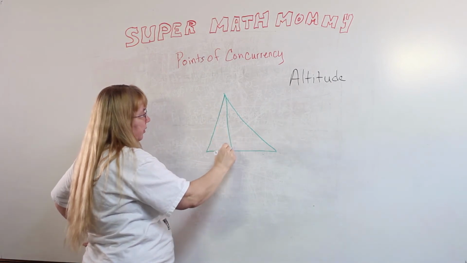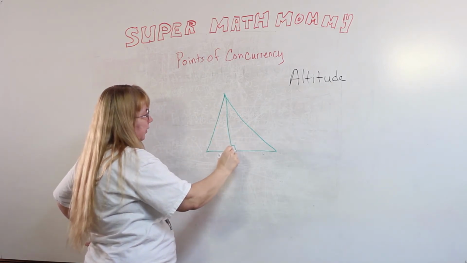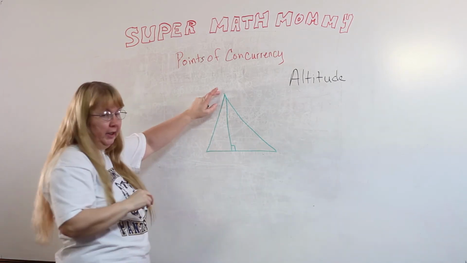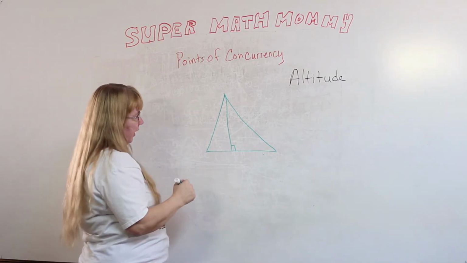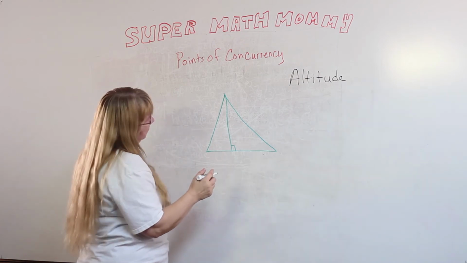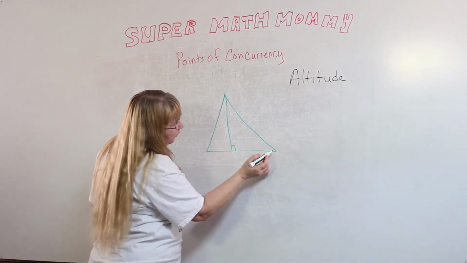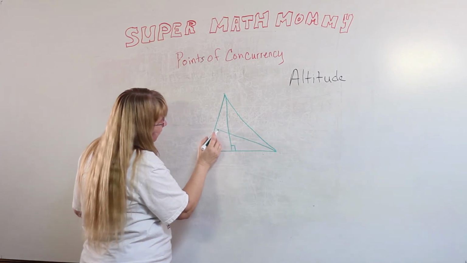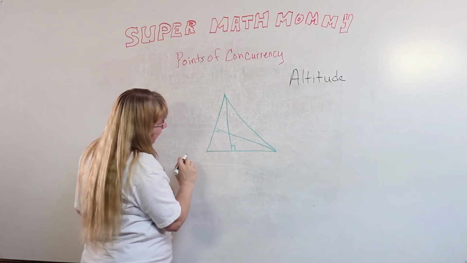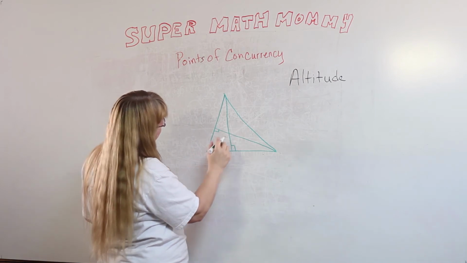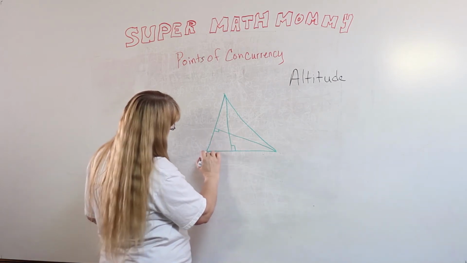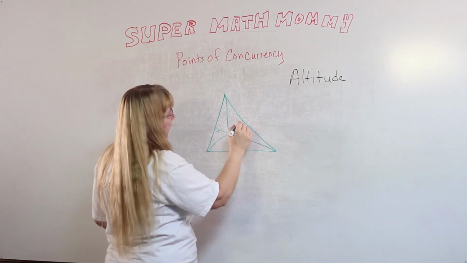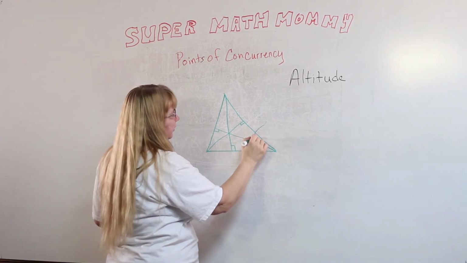Just means that we're going to drop a perpendicular from the vertex, because that's going to give us the height. Sometimes it gets a little tricky when we're going sideways, so you might want to use measuring tools to get it accurate, and drop a perpendicular. And these are called our altitudes.